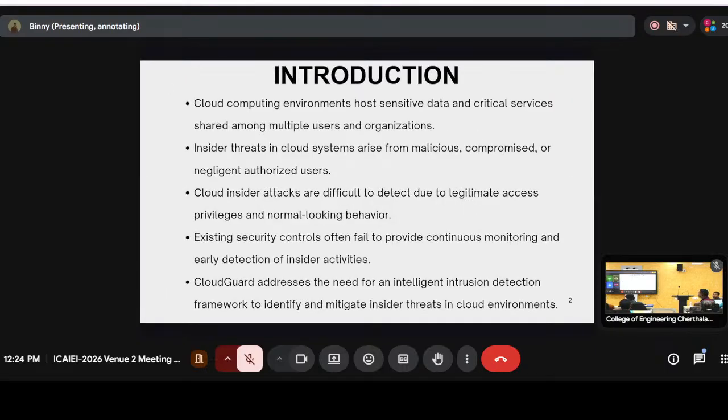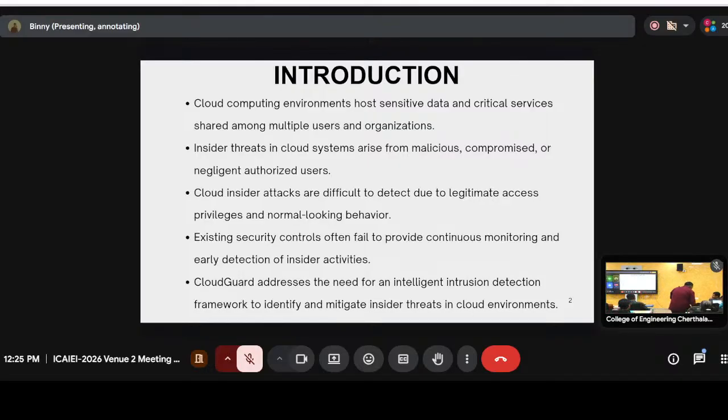Cloud computing environments host highly sensitive data and critical services shared across multiple users and organizations. One of the most serious challenges in cloud security is insider threats. Unlike external attackers, insiders already have authorized access to the system, making the malicious activities appear similar to normal behavior.